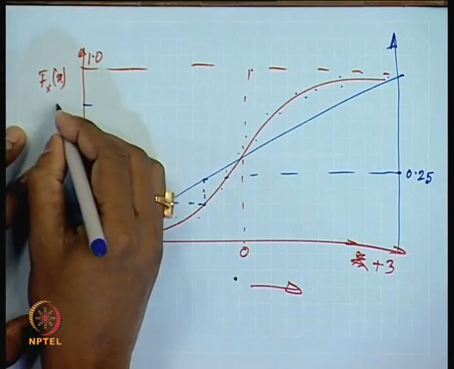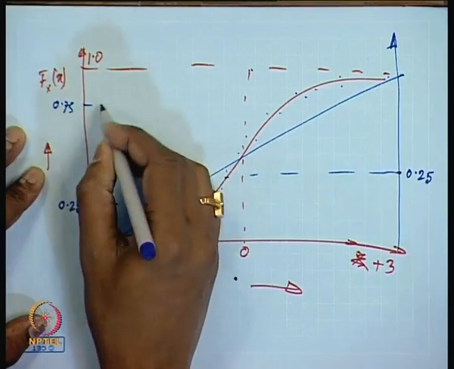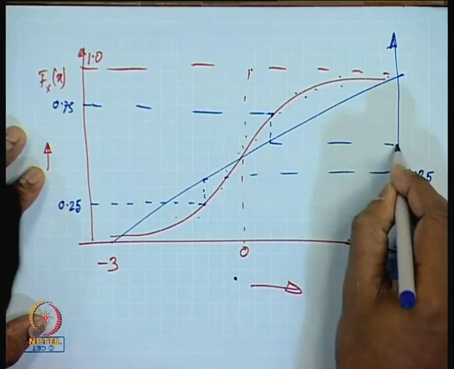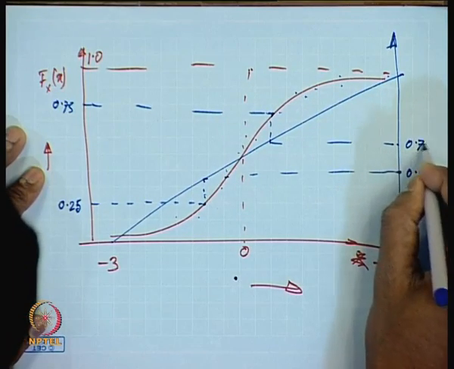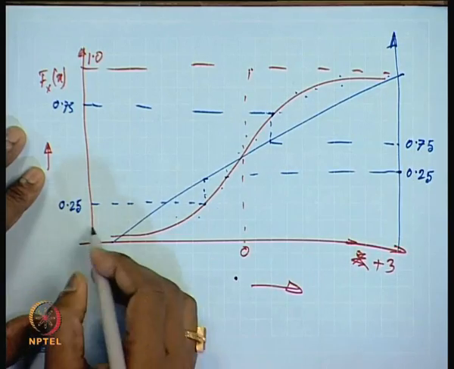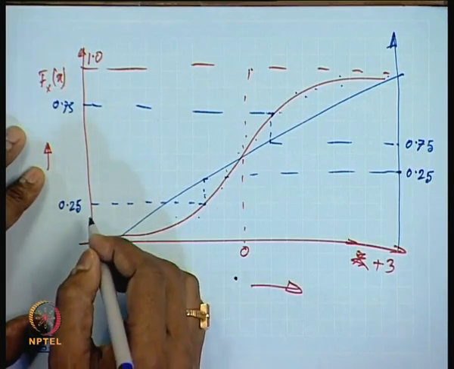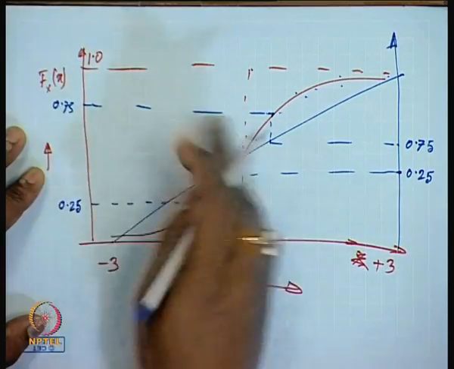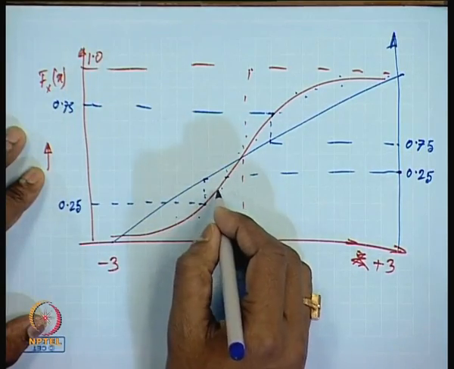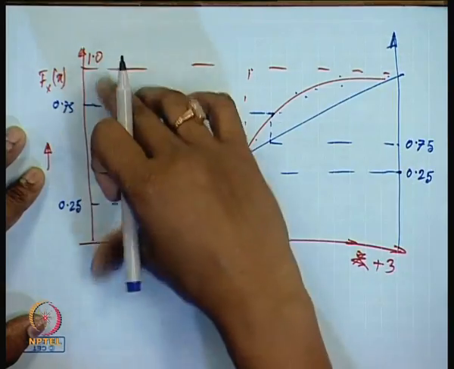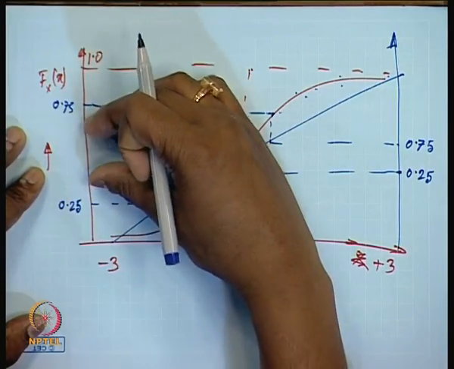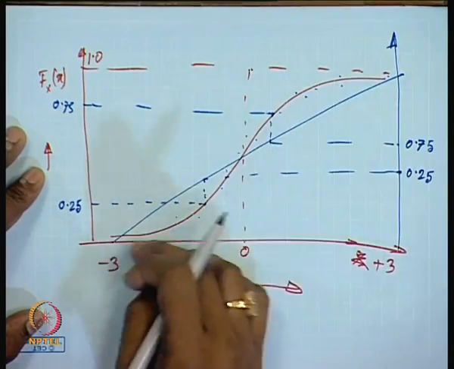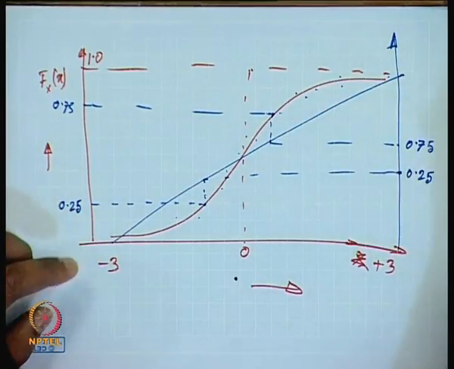Similarly, suppose I start from 0.75 here, I go to this one first, come to this straight line and go here, so that I write 0.75. Similarly, from 0.05, 0.1, 0.15, like this, all these points, I just distort this axis, basically squeezing some part and expanding some part in such a way that this red curvilinear path is stretched to a straight line.